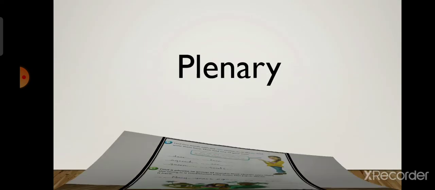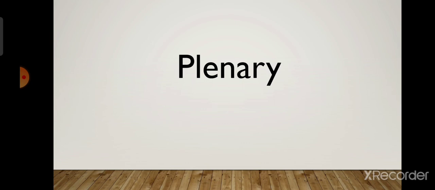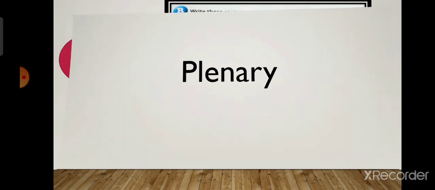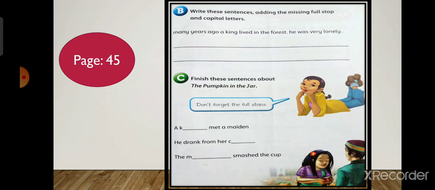Now it's time for plenary. For the plenary, turn your page and write classwork on page number 45. Have you written classwork on page number 45? Okay. All of you know that every sentence begins with a capital letter and most of the sentences end with a full stop. So, here in the first question, you will add the missing full stop and capital letters.